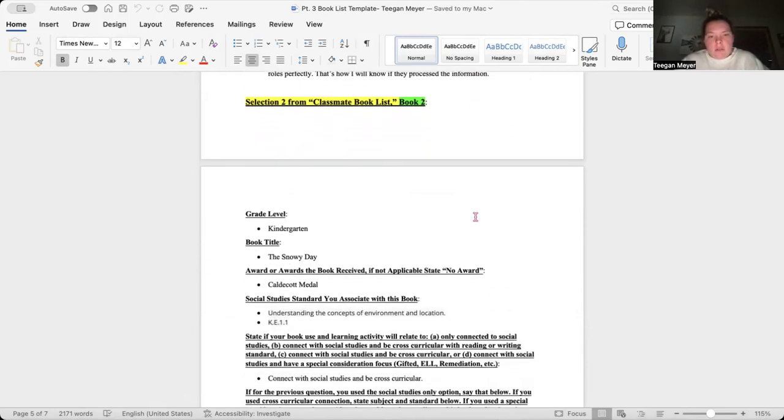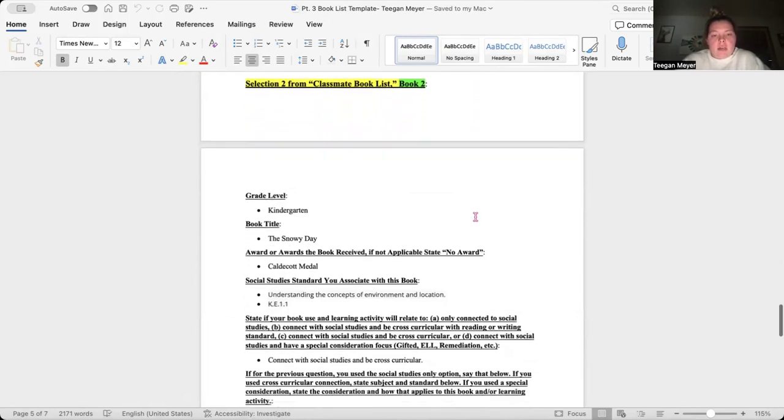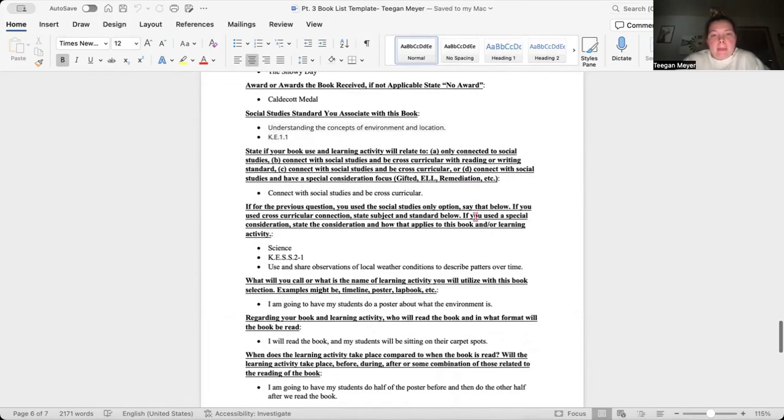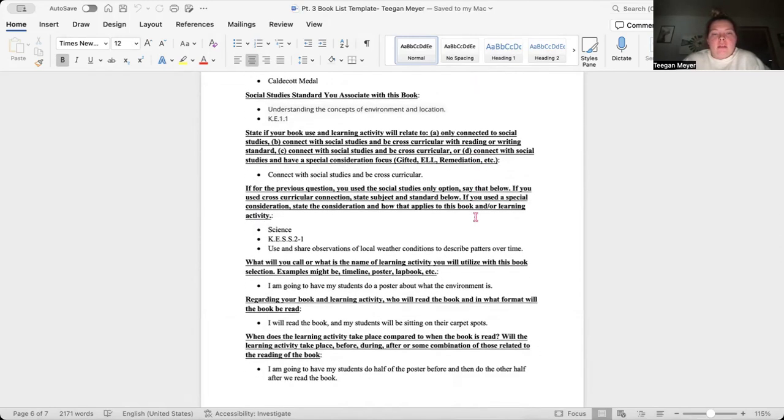Number two is from another classmate's book. For my fourth and final book I chose the book titled The Snowy Day. This one is trying to understand the concepts of environment and location.